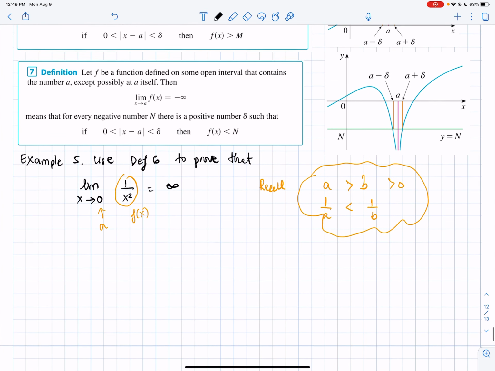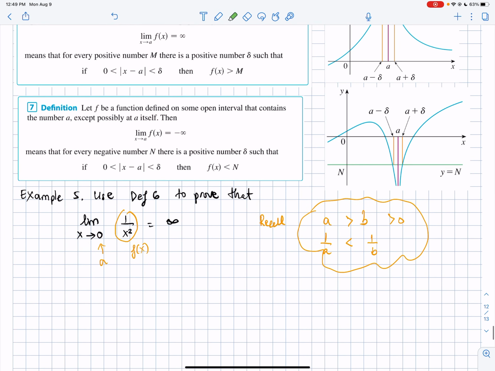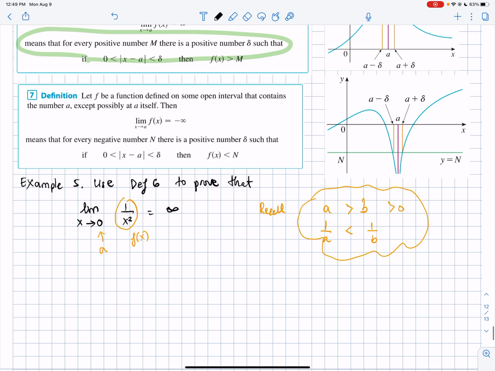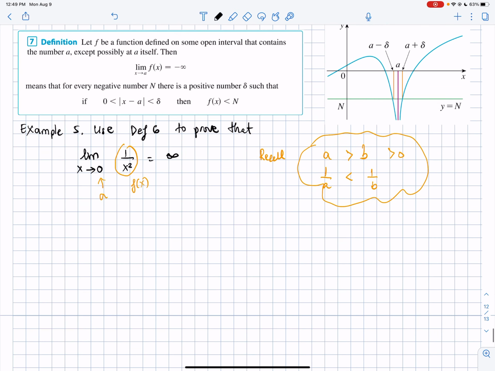Okay, so we use the definition of number 6. Whenever we do the proving, we have 2 steps to do. First of all, we need to identify the delta.